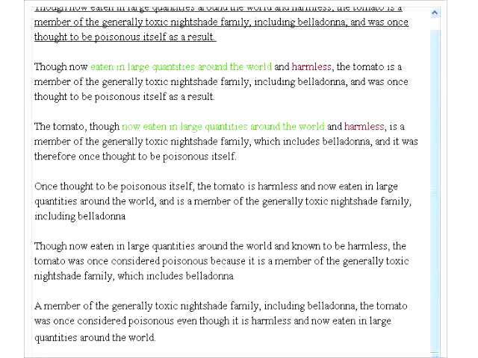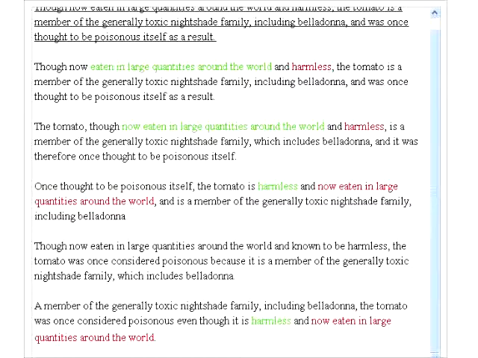I think C does it. The tomato is harmless and now eaten in large quantities around the world. That's the same kind of annoying list form, right? And let's look at E. Even though it is harmless and now eaten in large quantities around the world, oh my God! They all do it. They all do it except the correct answer.